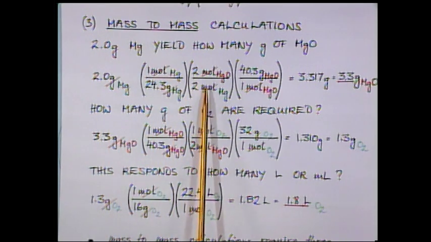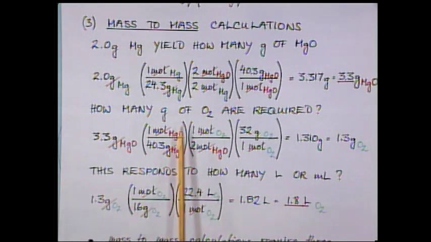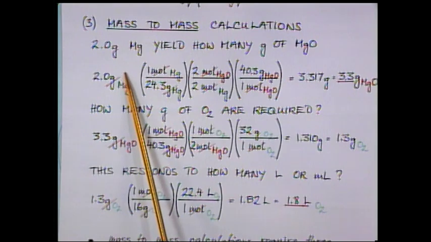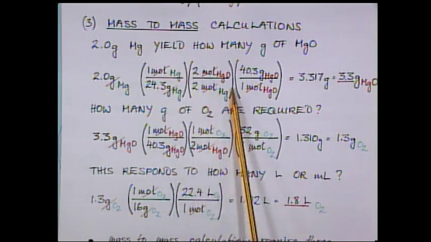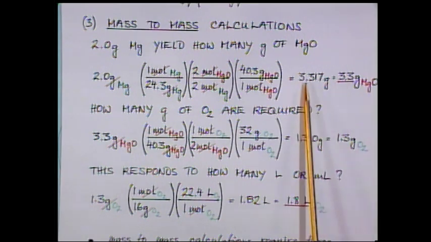Then directly I go into the molar ratio because I want to get from one chemical to the other. And that only works when we do the molar ratio based on the equation. So 2 moles of magnesium produce 2 moles of magnesium oxide. 1 mole of magnesium oxide is 40.3 grams. I already calculated that. The units cross cancel nicely, and in the end I come up with grams magnesium oxide.